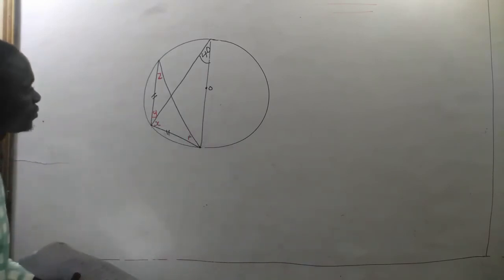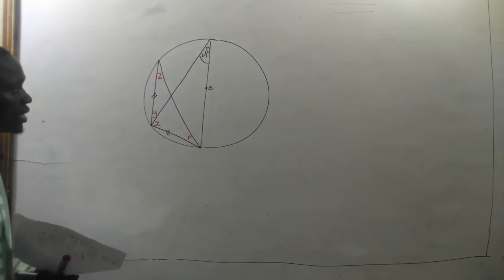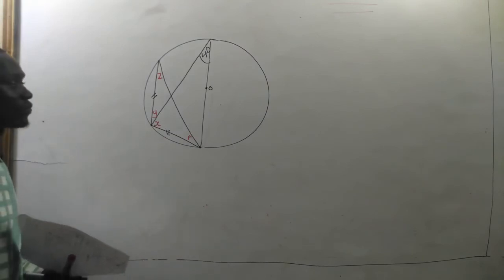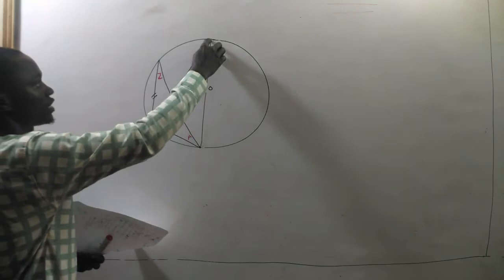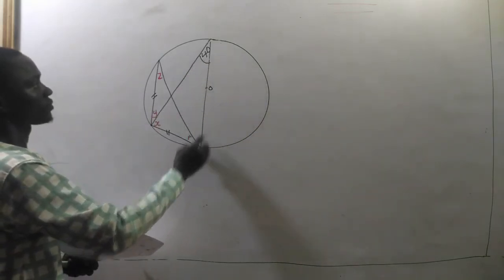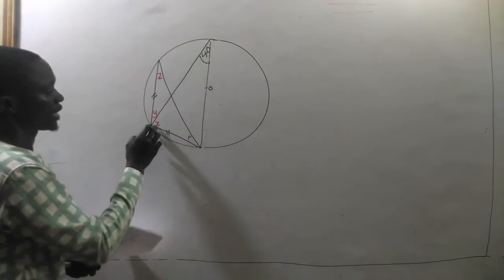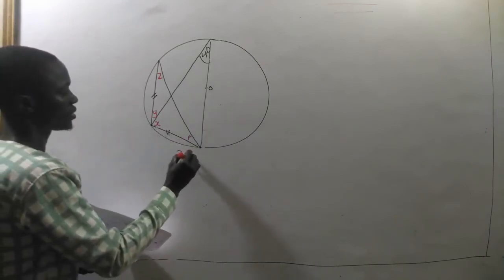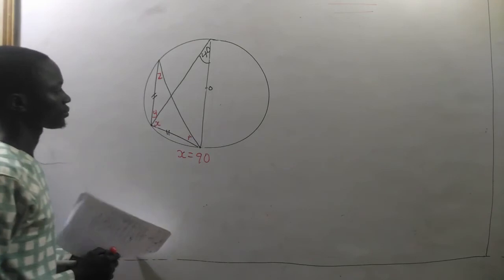Now, how do you find these angles? Angle x is the first angle that I'll find, because if we look at this one, the diameter subtends an angle of 90. So angle x is equal to 90.